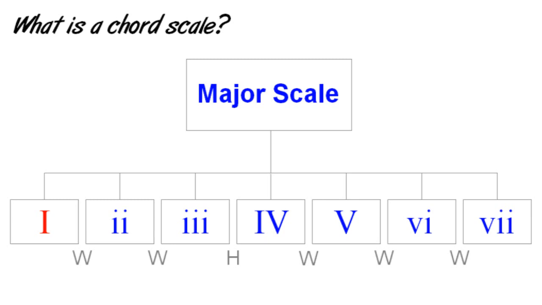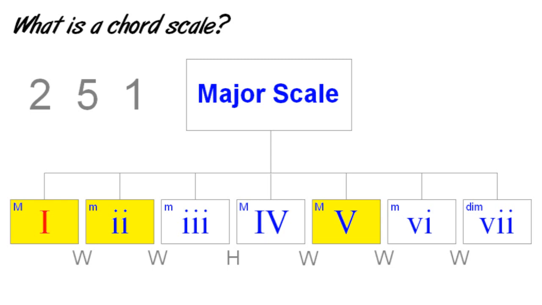You'll often see Roman numerals used to represent these scale degrees. Uppercase numerals for the major chords and lowercase for the minor chords. So if you see a progression written as 1, 4, 5 in Roman numerals, you'll know it's referring to the 1st, 4th and 5th chords of the scale. 2, 5, 1 would be the 2nd, 5th and 1st chords.